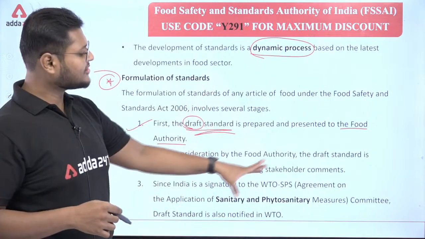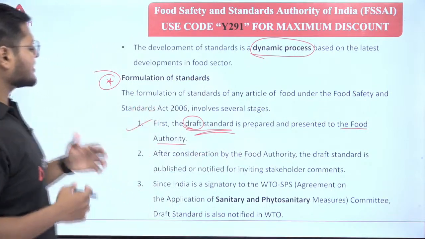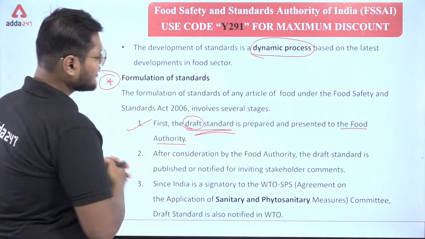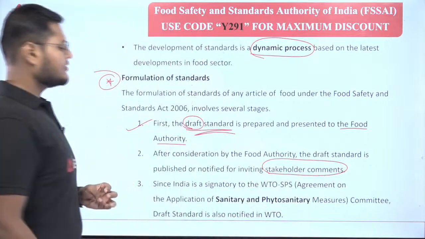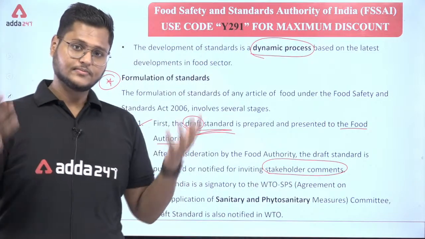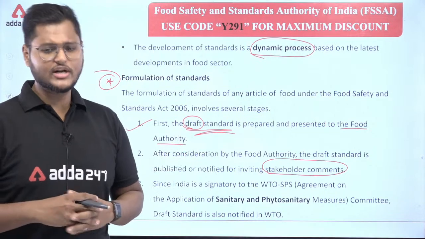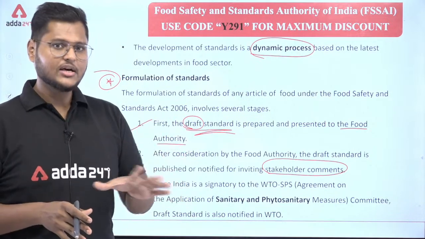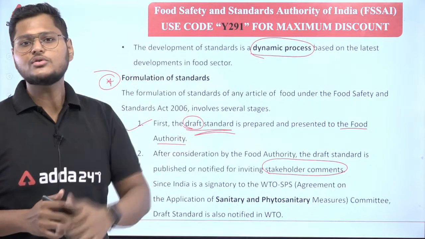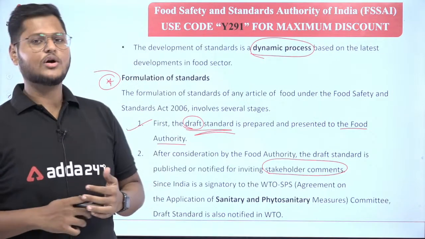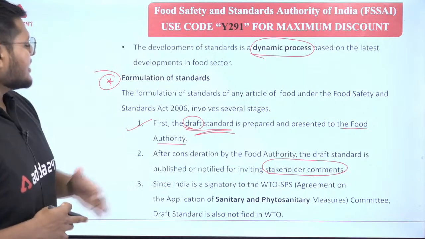After consideration by the food authority, the draft standard is published or notified for inviting stakeholder comments, okay. Once it has been considered by the food authority that yes, the draft is fine, okay, we can go ahead and we can introduce a new set of rules or regulations according to the draft standard, then it is notified.